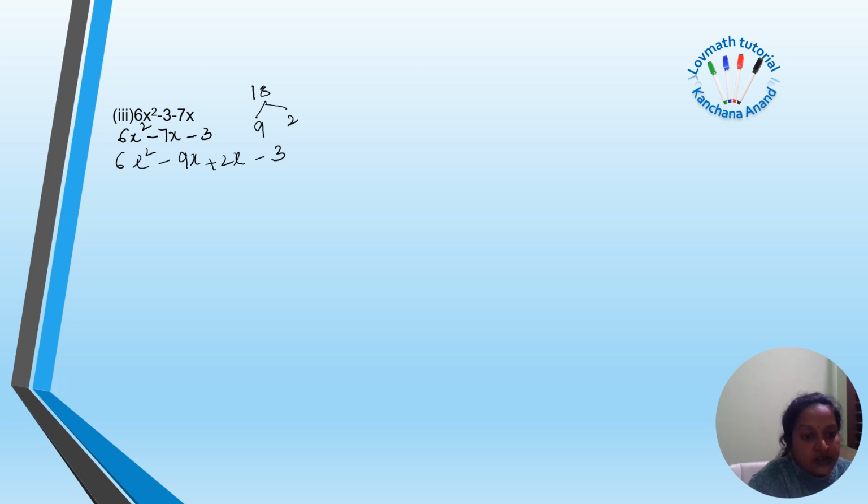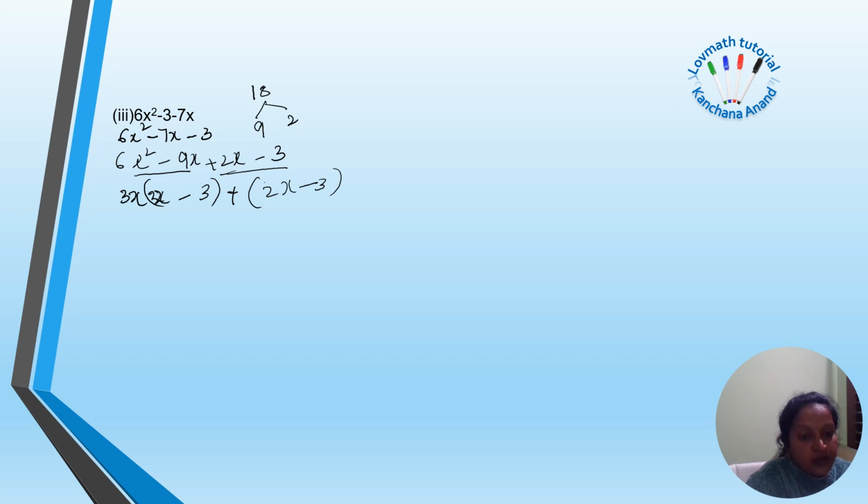Let us take 3x as common in this first part: 3x of 2x minus 3, and again here when we take 1 as common, this part becomes 2x minus 3 again.